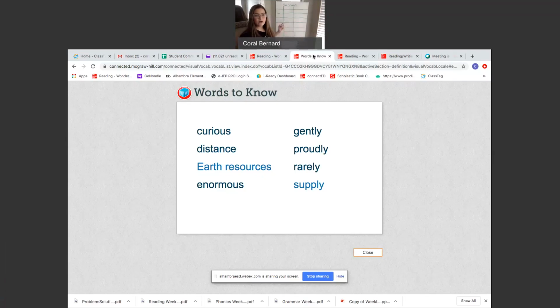All right, so here are all 8 words. The first one is curious. Your second word is distance. Your third word is earth resources.